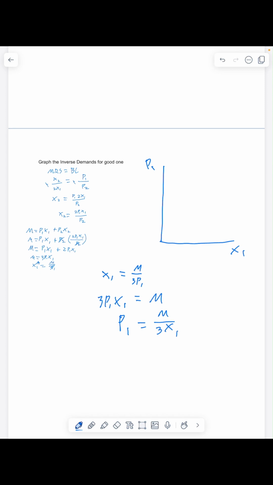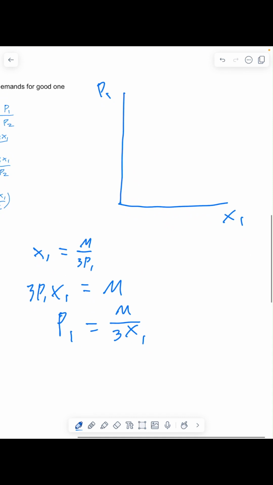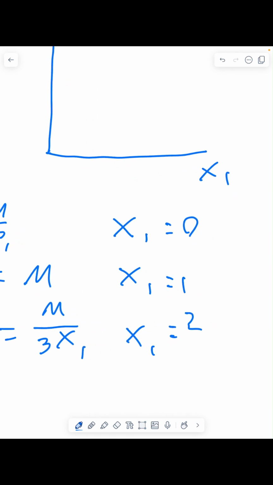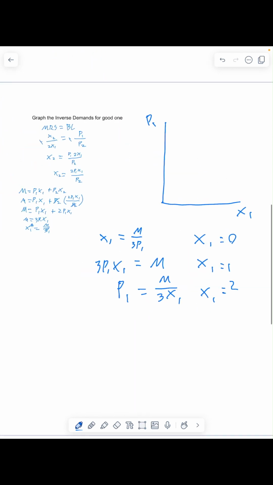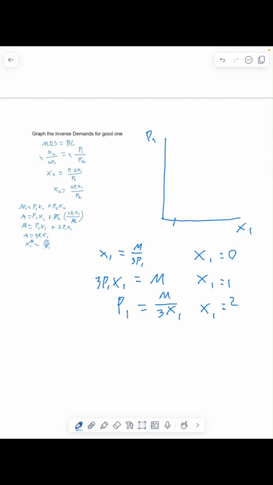Now, if we wanted to graph this, because this is going to be our function, right? We are going to look at what different values of x1 are going to be, because this is our x-axis. So let's say we're plugging in 0, 1, and 2 for all these. If we plug in 0 here, it's going to make our function undefined, and we can't do anything with that because it would be like dividing by 0.